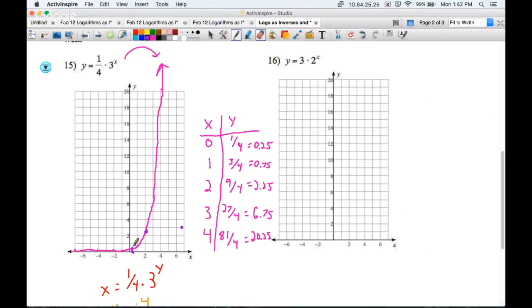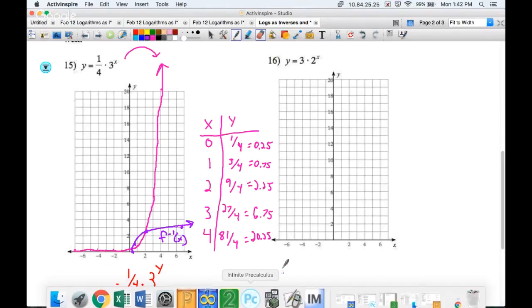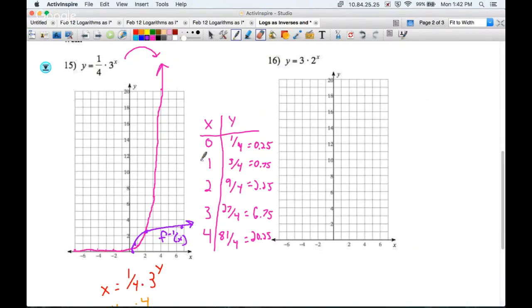So there is our inverse, f to the negative 1 of x. And you can see how that is symmetrical over a 45-degree angle line. It just goes off the graph pretty quickly. This side here is going to extend down to negative infinity. All right, and we've graphed that.